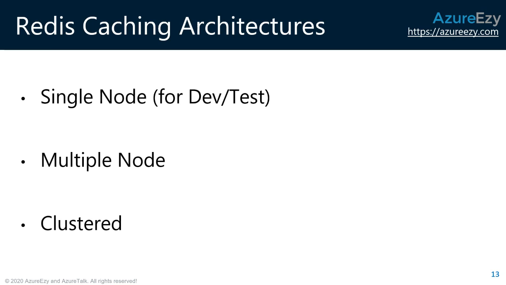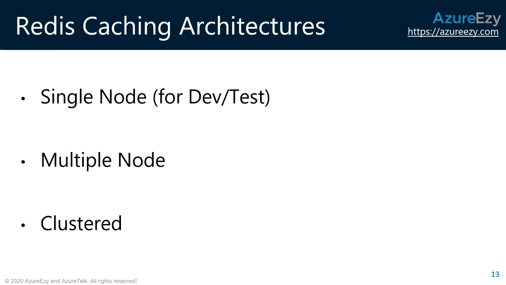You can go for single node or multiple node. When we go for multiple node, it means it will have replication and failover. In single node, you do not have that benefit, and that is the reason we do not suggest the single node option for a production environment. It is highly recommended only for dev test purposes. Then you have clustered, the third one.